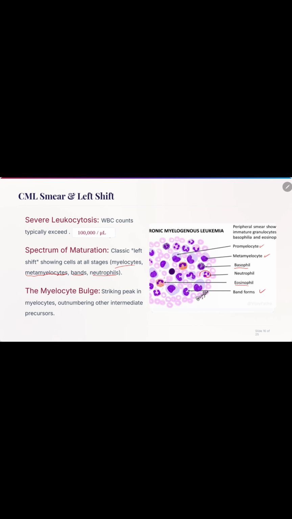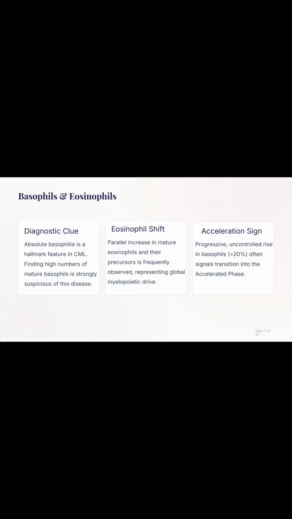These are the normal neutrophils. These are the band forms which has a horseshoe shaped nucleus. These are the promyelocyte and the metamyelocytes. Basophils and eosinophils.